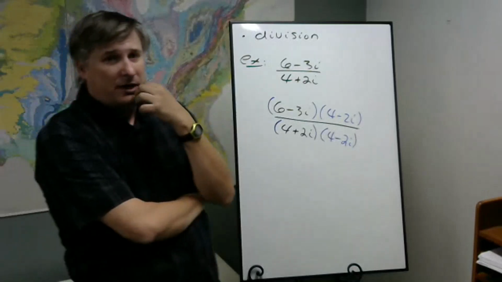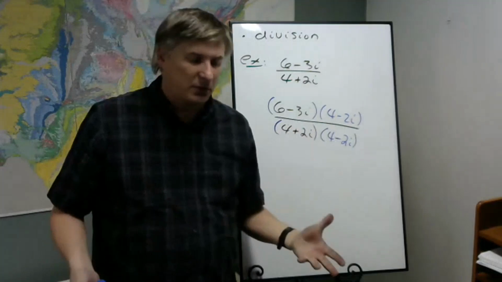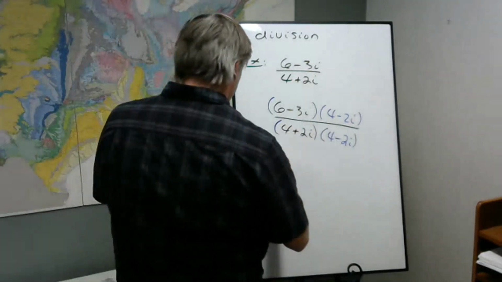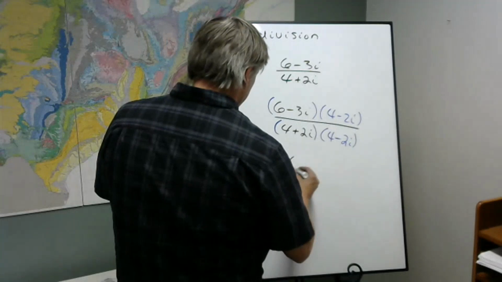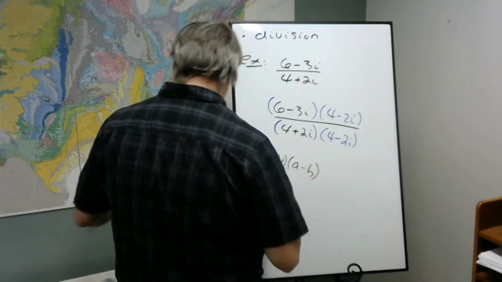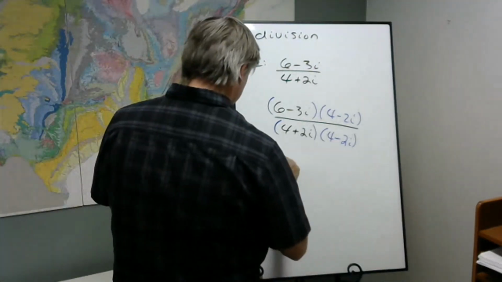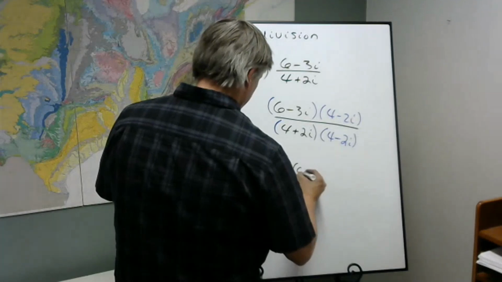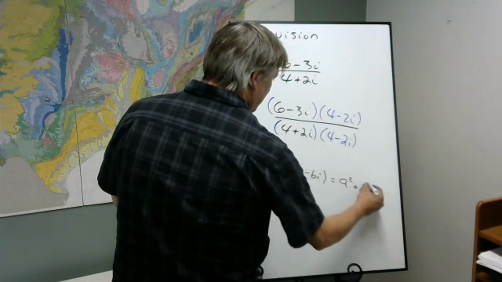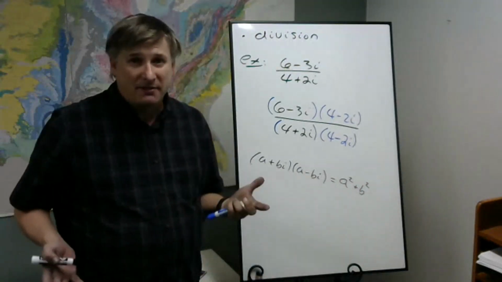Now, you could use a shortcut. You can say that this is going to be 4 squared plus 2 squared, or 16 plus 4, which will be 20, because that's what we found out. If we took a plus b times a minus b, and if you have an i, that's the big difference. We have an i here. We get a squared plus b squared. So we can use that observation.